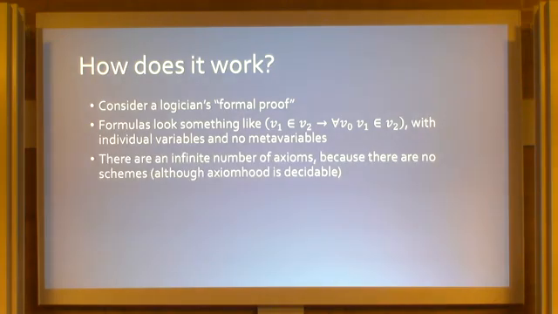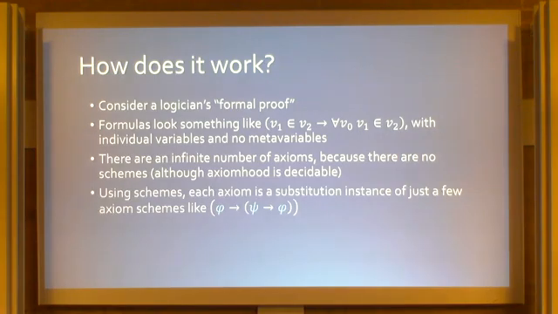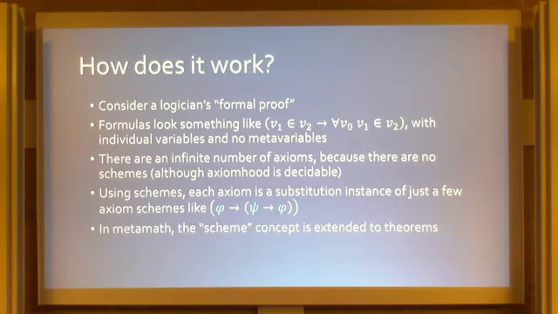There are an infinite number of axioms, but axiomhood is decidable, so you can represent this using a finite number of schemes. You would say that any axiom which has this particular form, where you plug in things for phi and psi, is an axiom. In MetaMath, we extend this to theorems as well.